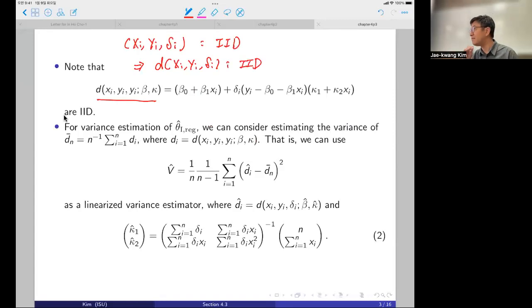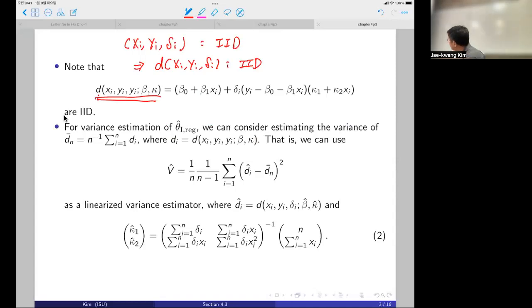This function is a scalar function, but because the original vector is IID, we can guarantee that this di will be IID.